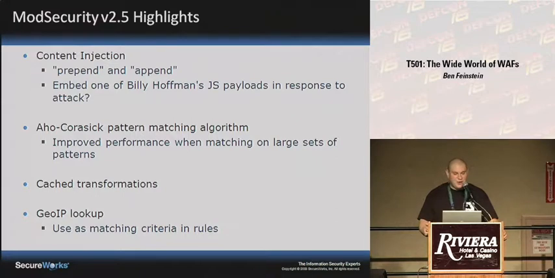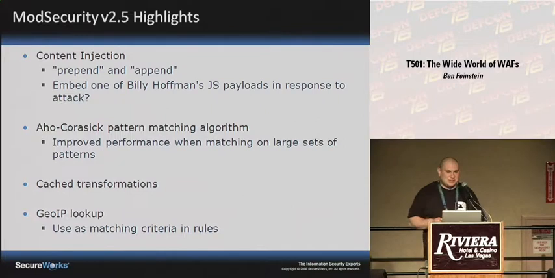Another improvement is the Aho-Corasick fast pattern matching algorithm. They've improved the performance of the engine by implementing efficient pattern matching algorithms, and that really helps when you have large sets of patterns. It caches the transformations now. Before, every transformation you went through, it would reprocess the transformation. Now it's caching the results, which can yield great performance improvements.